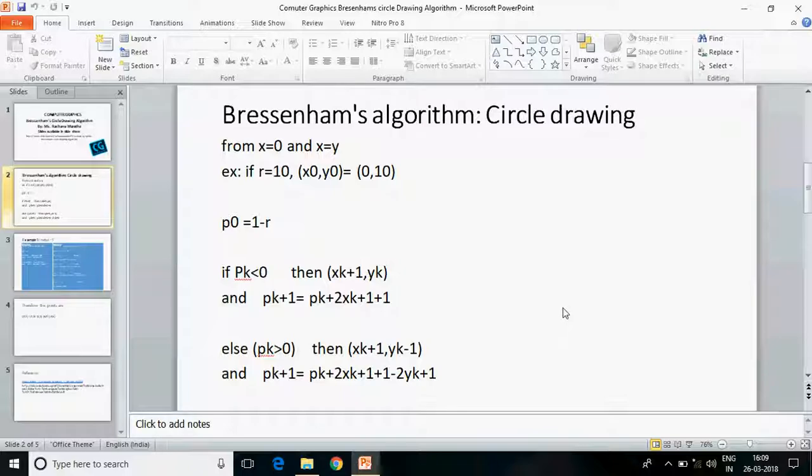Another important point to note is that we calculate only one octant of xy coordinates of a circle. That is, if you have 4 quadrants, we will calculate only the first half of the first quadrant, because the other parts of the circle are just mirror images of this one arc that we calculate.